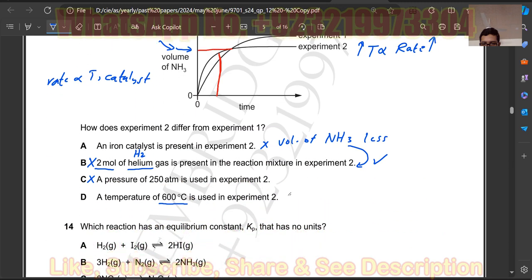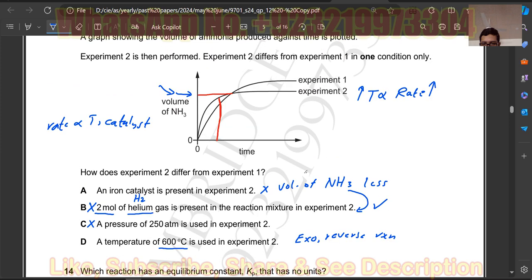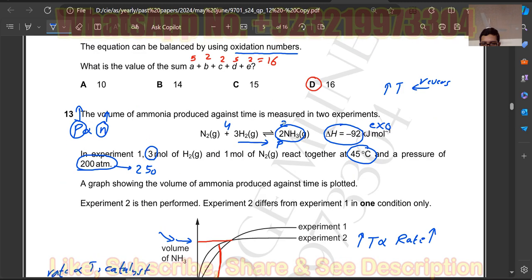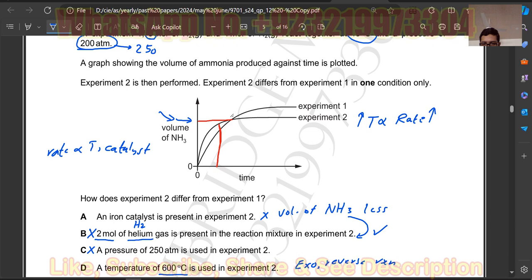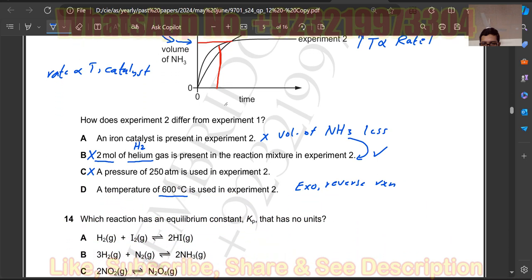So in the D option, because of the exothermic case, the reverse reaction will happen, and the ammonia will change back into the original reactants, nitrogen gas and hydrogen gas, so less ammonia will be obtained. That's why the D option is correct in this question.